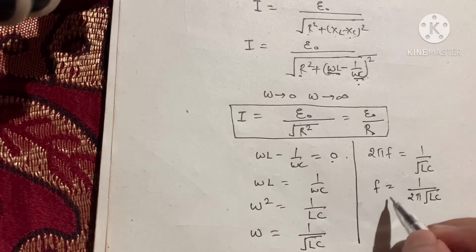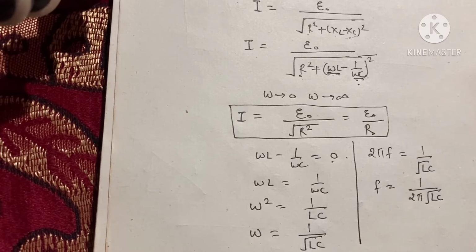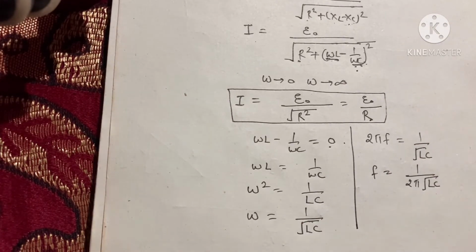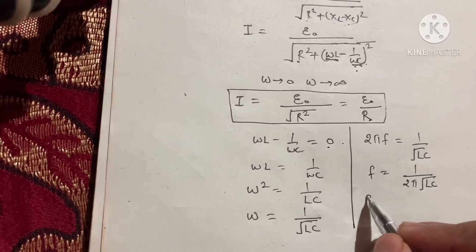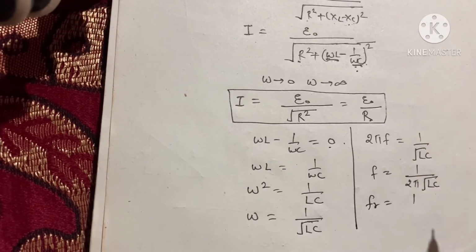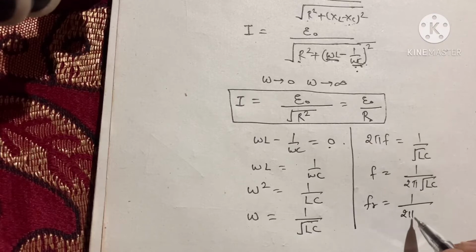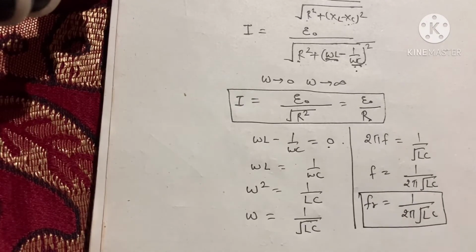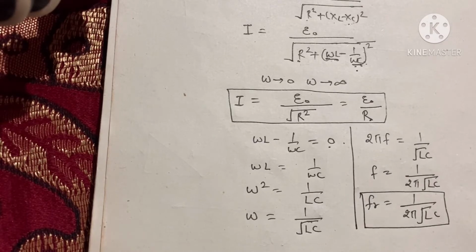Now this f is the frequency, but not the normal frequency, since you have derived it by putting a particular condition. This is called fR, the resonant frequency, 1 upon 2 pi under root LC. This is the derivation for your resonant frequency, and it has some important characteristics.